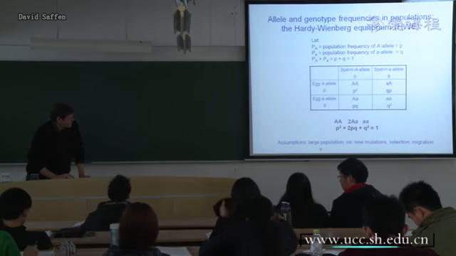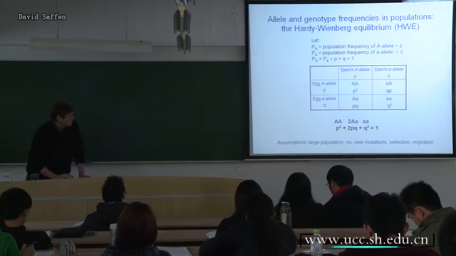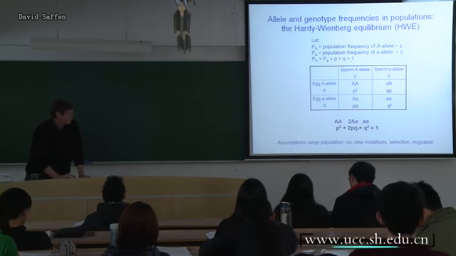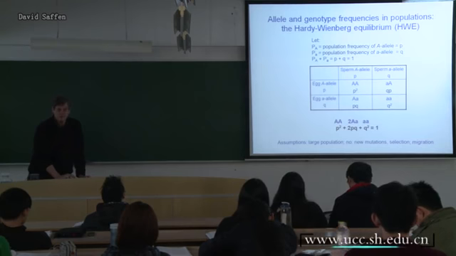Those conditions are that there's a large population, that no new mutations are being produced that would upset this, that there's no selection against certain genotypes. So for example, what if this genotype was lethal, fatal to the person? Well, you would never find this at all. You'd never find any q squared people. So this equation wouldn't hold. And that there's no migration from one place to the other.